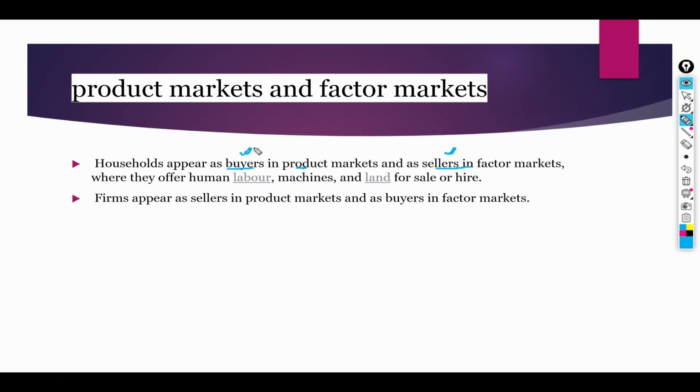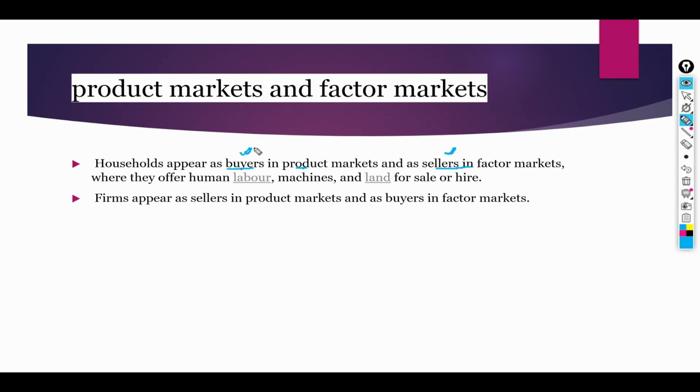Okay, think for a moment: the same person can be a buyer for some time and a seller for some time. Suppose a grocery owner, when he is selling some product, acts as a seller. At the same time he is buying products for his household too.